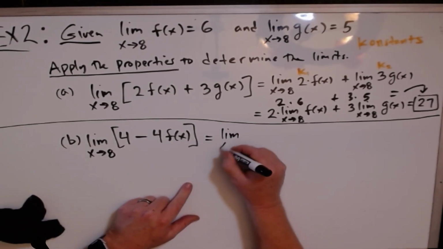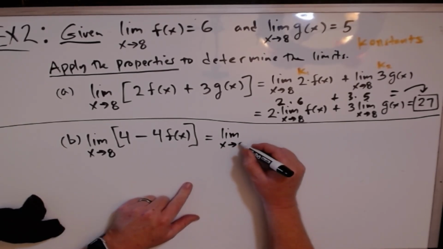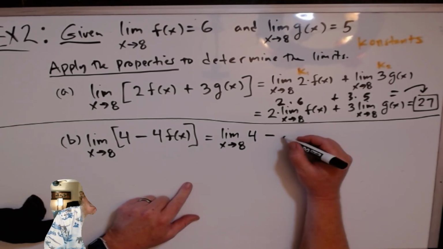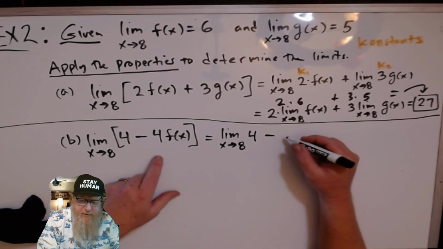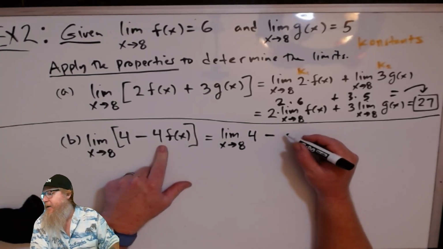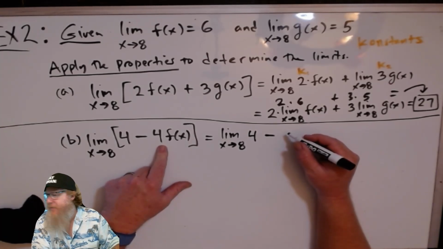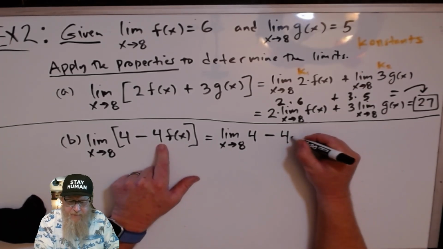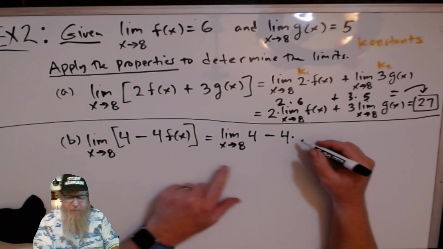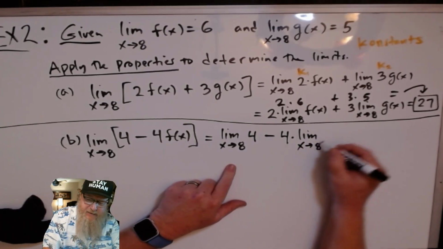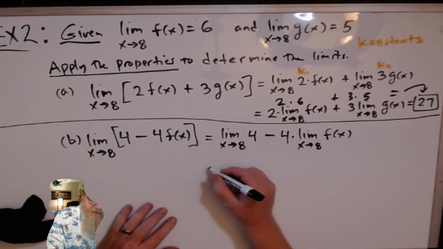So this is the limit as x approaches 8 of 4 minus, now you can combine two properties to save a little space. This is property 5. So first I used property 4. Now I'm using property 5, 4 times the limit as x goes to 8 of f of x.